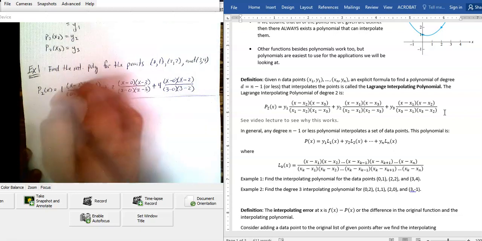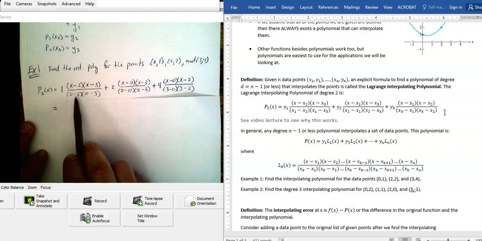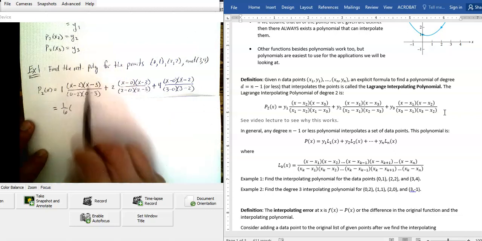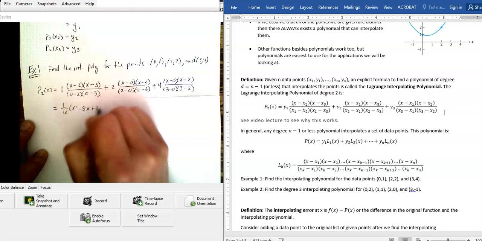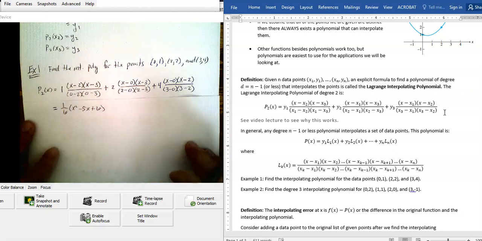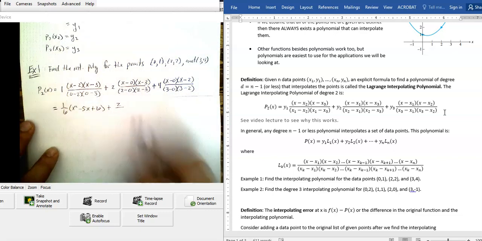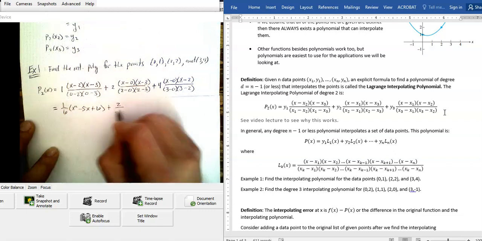Alright, so let's continue to simplify this. So let's see what we get here. We see that on top we'll have to FOIL this out. And here we're going to have 1 over negative 2 times negative 3 is 6. So that's 1/6 times, now let's FOIL this. That'll be x squared minus 5x plus 6. Plus 2 over, let's get our bottom value, 2 times negative 1, which is negative 2.